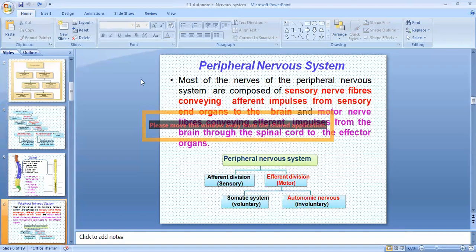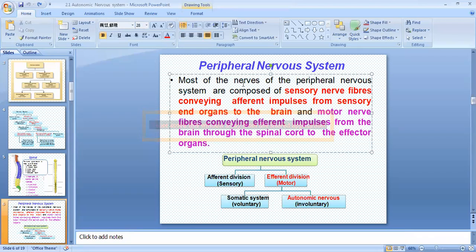So before we move forward, we will discuss what is basically the peripheral nervous system. Peripheral nervous system ही एक अशी सिस्टीम आहे की जी it is composed of sensory nerve fibers which are going to convey afferent impulses from sensory end organ to the brain.